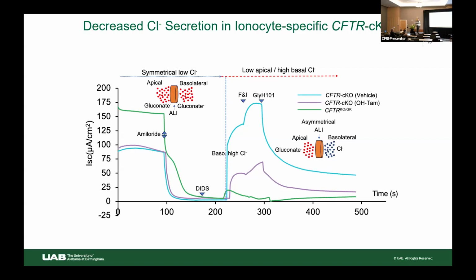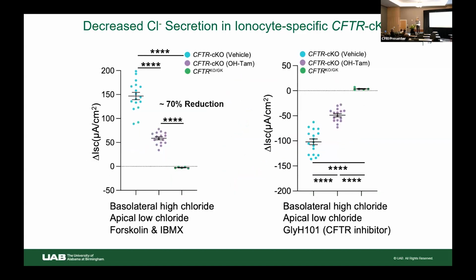Those Ussing chamber experiments are really under short circuit current conditions, which means the voltage is clamped to zero. So we can only conclude that pulmonary ionocytes regulate both chloride absorption and secretion through CFTR under short circuit conditions. So next, we are trying to address how the ionocyte works in an open circuit condition.